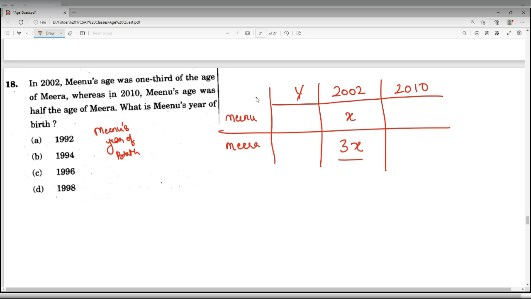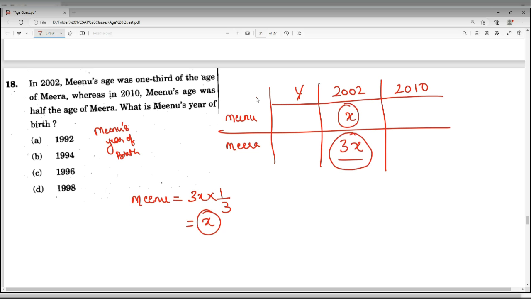So let Meera's age be 3x, and Meenu's age would be x according to the first statement.